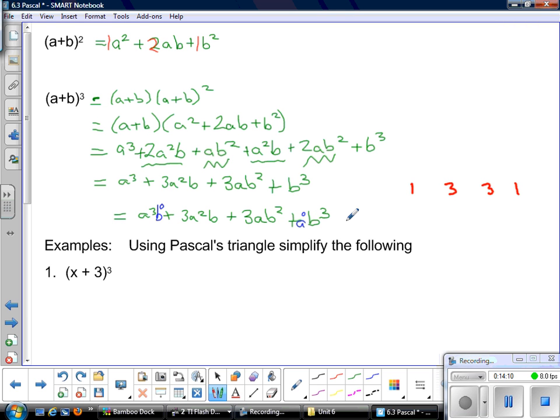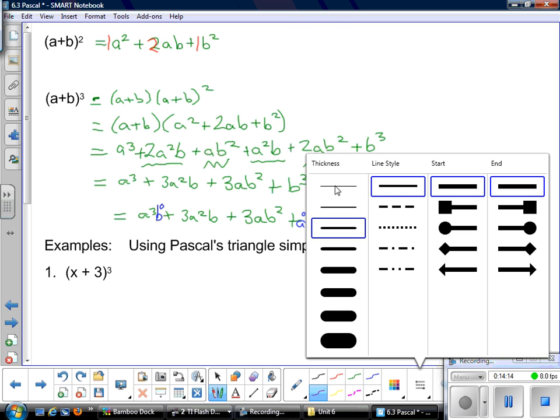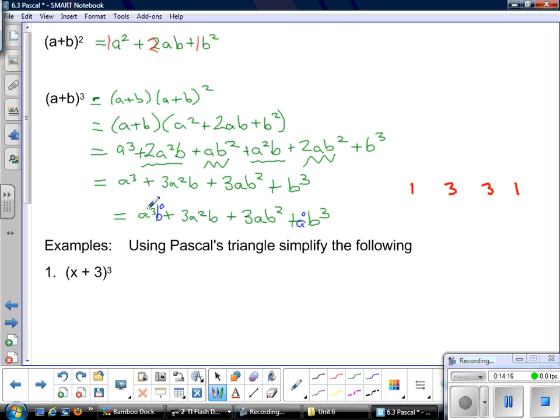Now let's look at the actual numbers here as far as exponents. It goes 3, 2, 1, 0 for A. Look what happens to the B. It's like 0, 1, 2, 3.